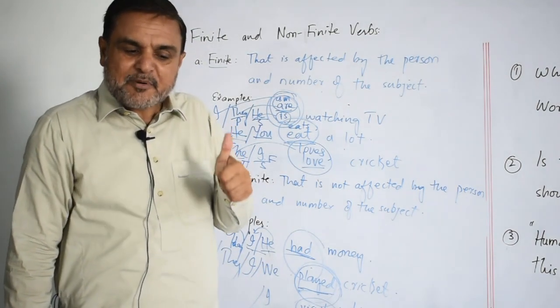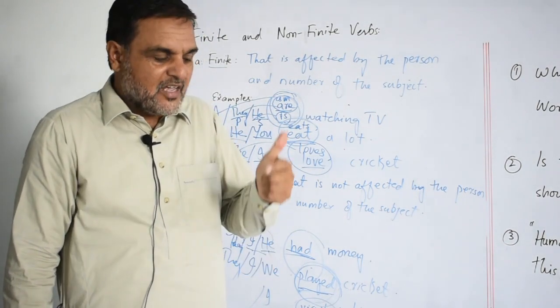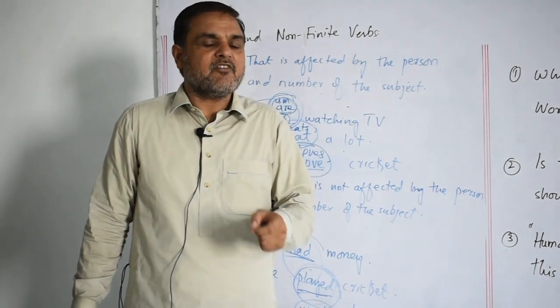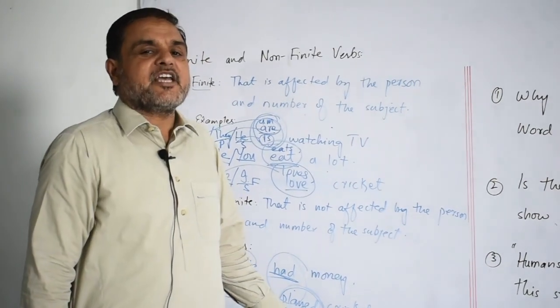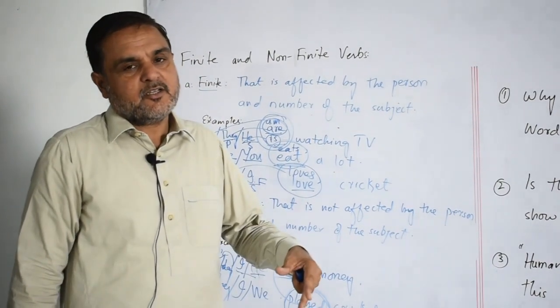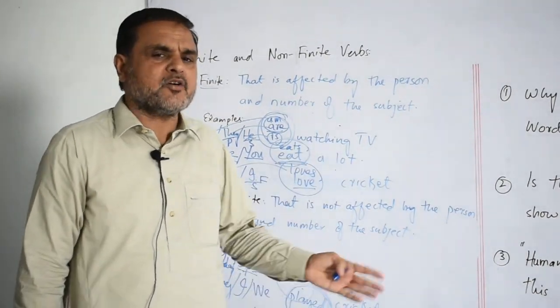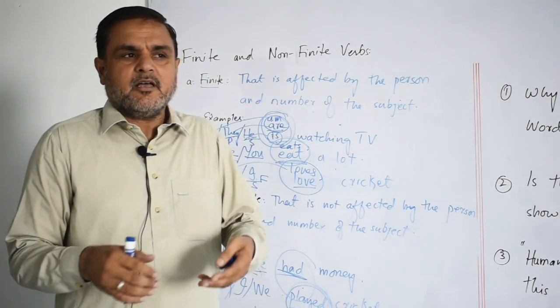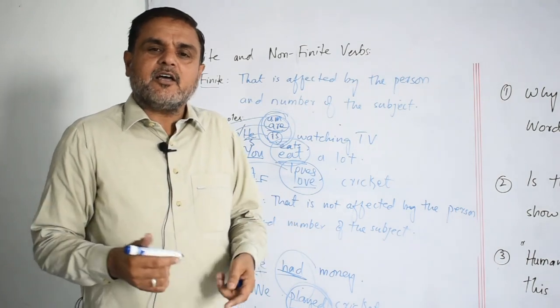So the third person singular form and the general present tense form of the verb are finite verbs, and the second form is non-finite. And all the other forms, non-tense forms, by temperament, naturally are non-finite.